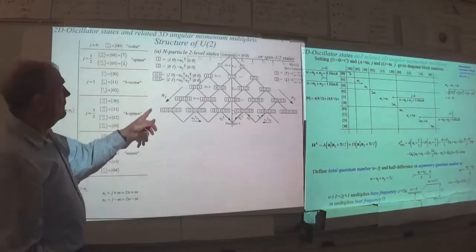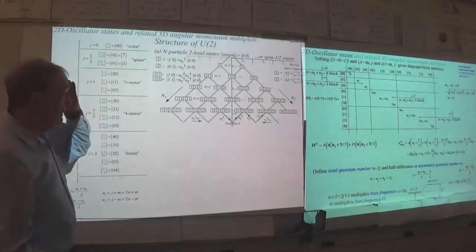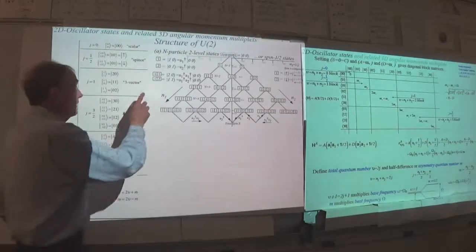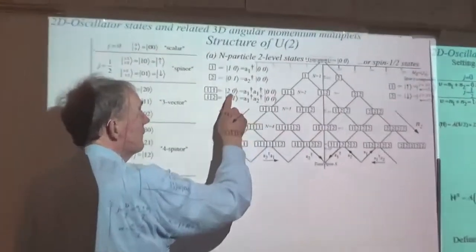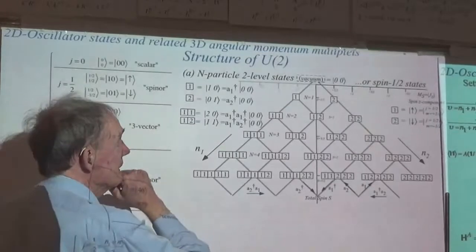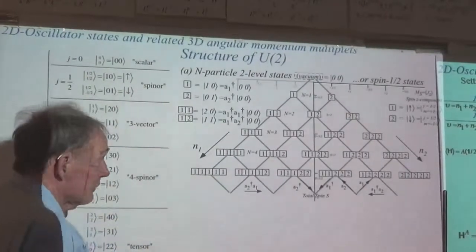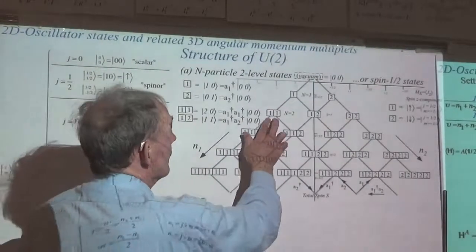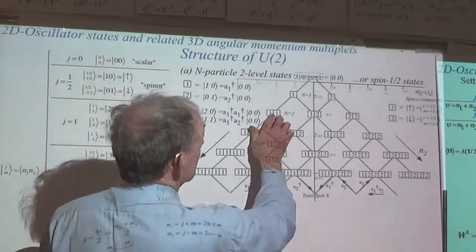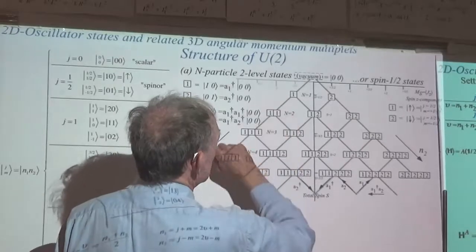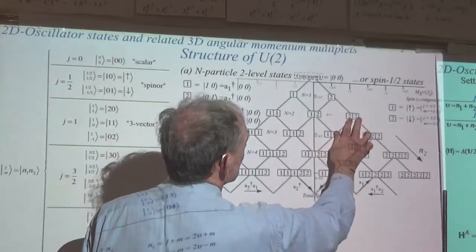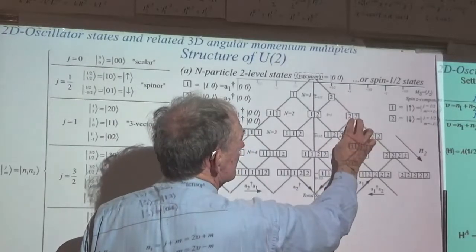And here's an elementary application of the Young tableau. This is the way you would draw a Young tableau state for, say, 2, 0, 1, 1. By these conversion formulas here, the 1, 1 right here is associated with an M value of -1, 1, 2 associated with 0, and then 2, 2 associated with +1.